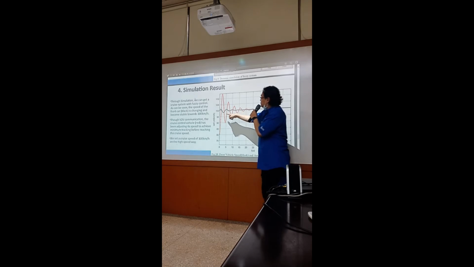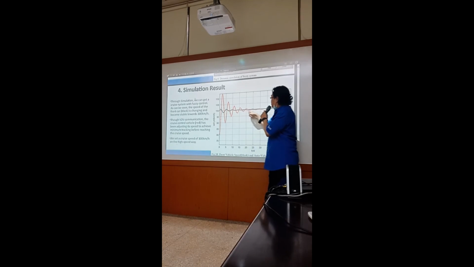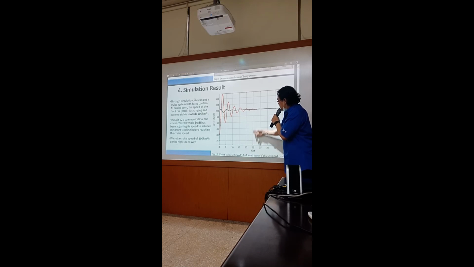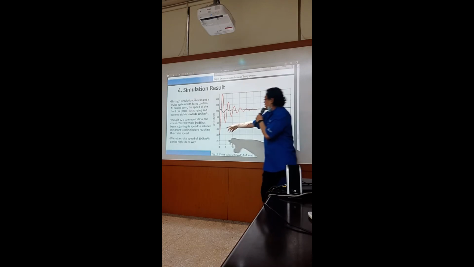As you can see, the human driving vehicle speed may vary at first, maybe 100, then go up and go down, but at around 25 seconds the speed becomes stable.